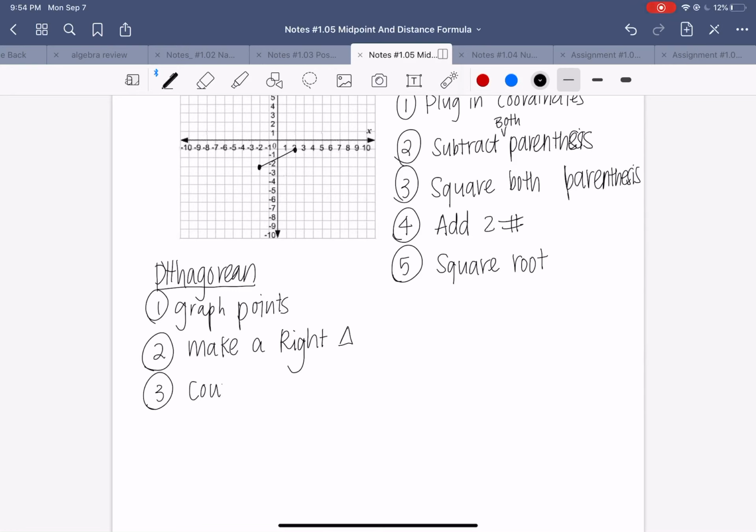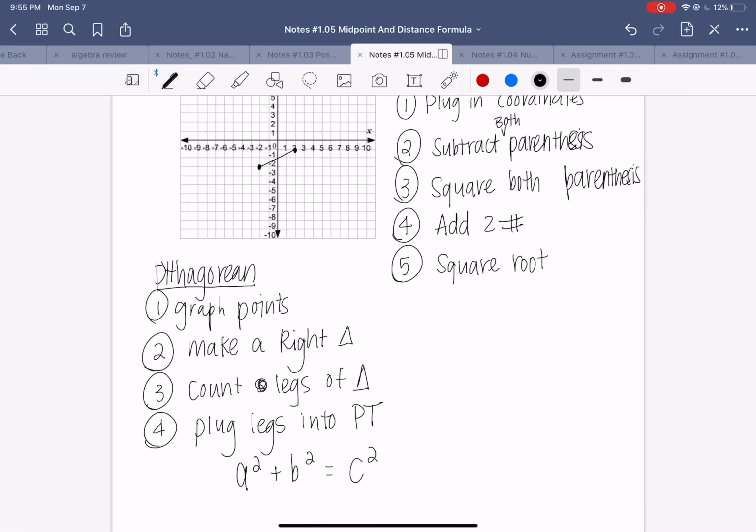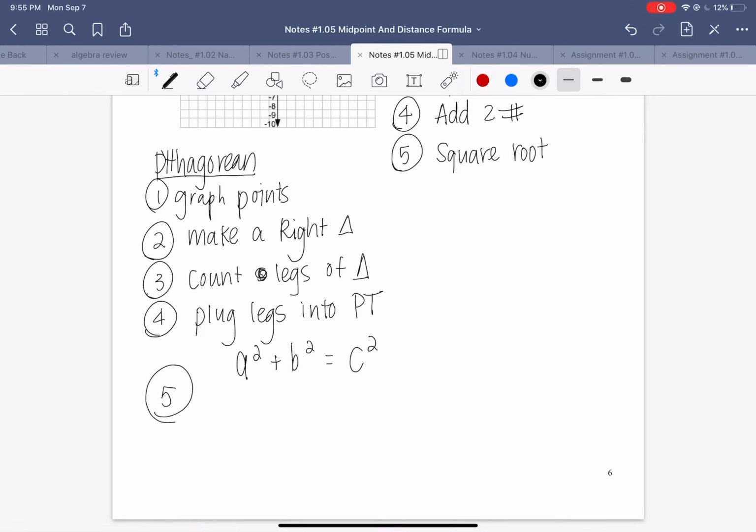Step 3, count the sides, they're called legs, so count the legs of the triangle. You want to count how many units, and then step 4, plug the legs into the Pythagorean theorem formula, which is a squared plus b squared equals c squared. And then step 5, solve for c. Just c, not c squared, solve for c.